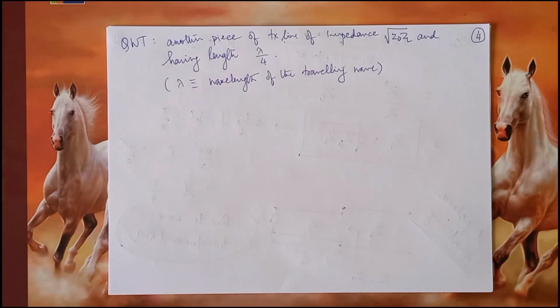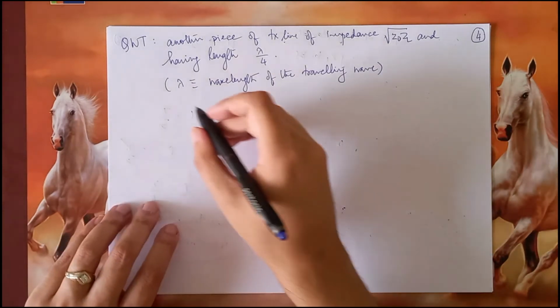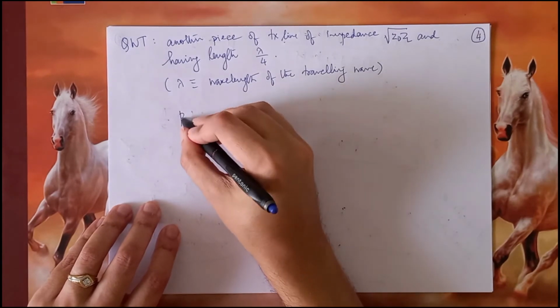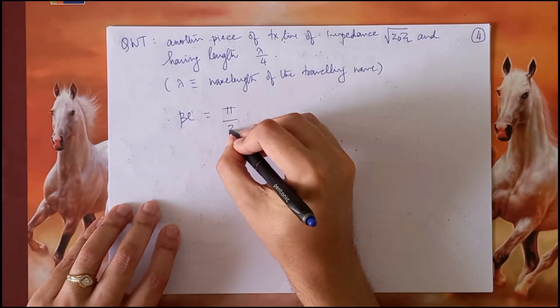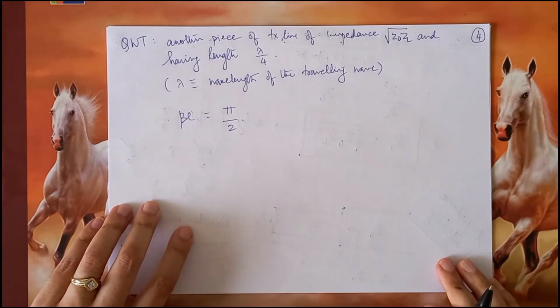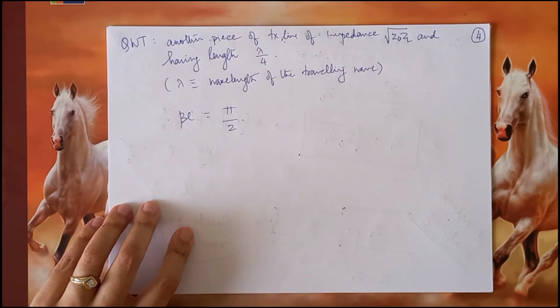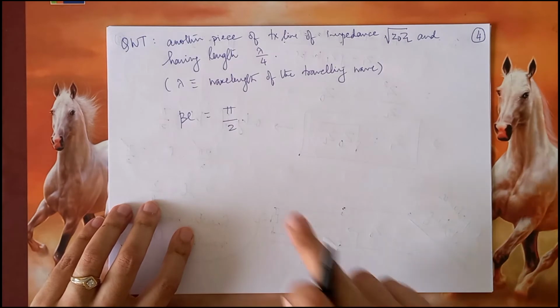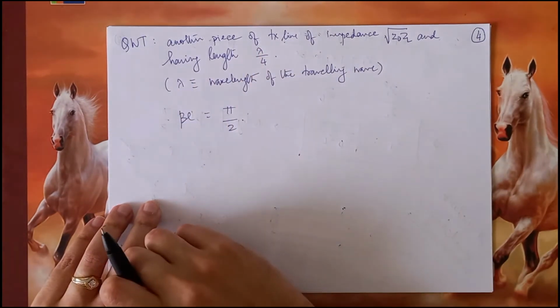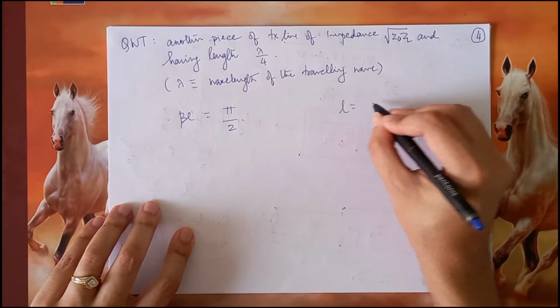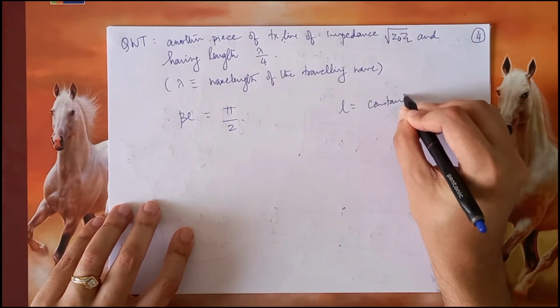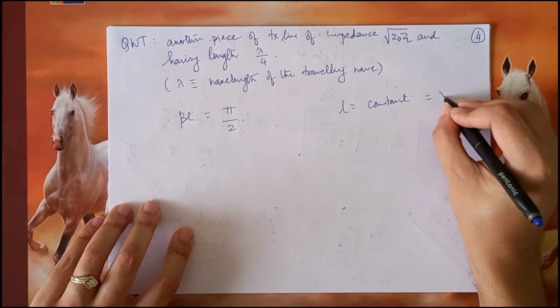Now, is there any other way to look at it? We had said that the criteria beta L equals pi by 2 is applied. Now suppose I look at the opposite. We saw that the length must be lambda by 4. Now suppose I make the length constant, that is some lambda 0 by 4.